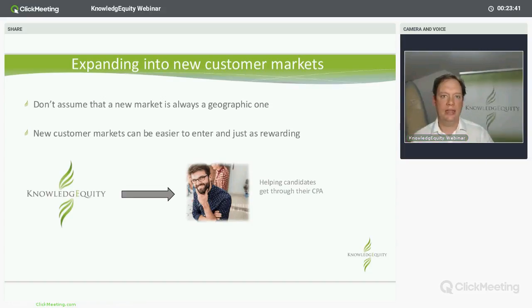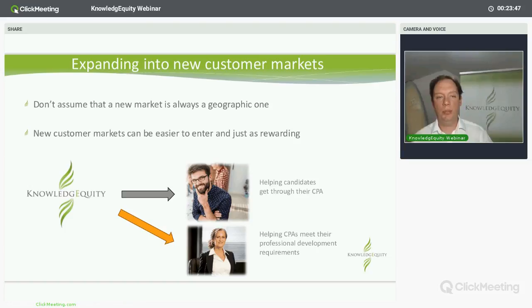Helping you achieve mastery, do as best as you can in your exams, get through, go for that next job. But we also help CPAs meet their professional development requirements. We help corporates try and deal with talent management, finding the best people. These are newer products for us, and we still got more work to do on them, but they're new customer markets, right?